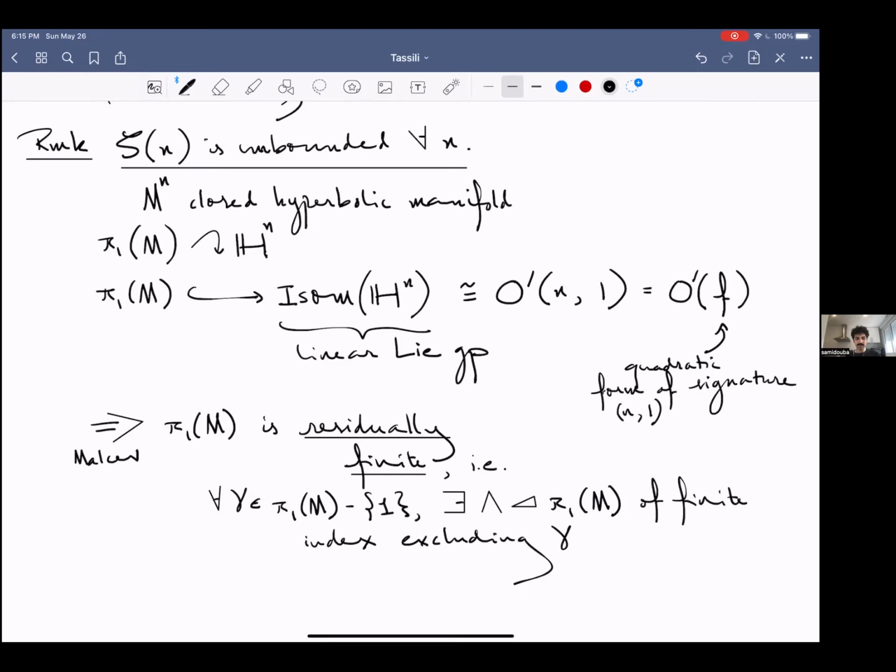And now I can pick representatives of each of these conjugacy classes.